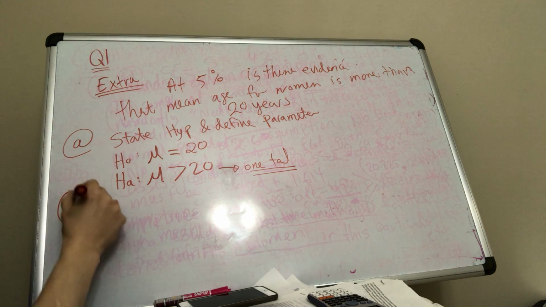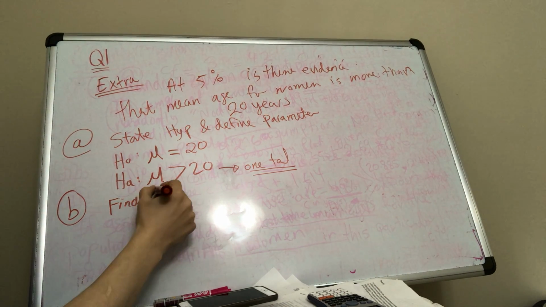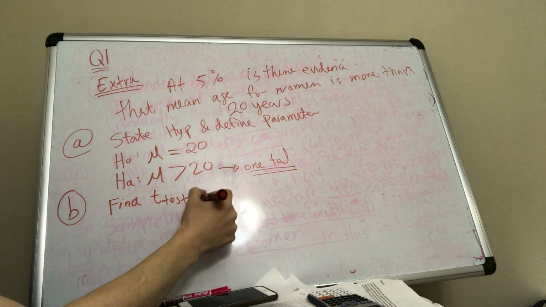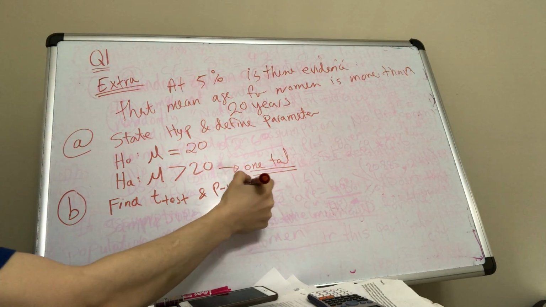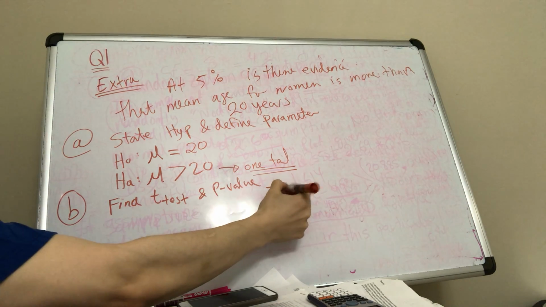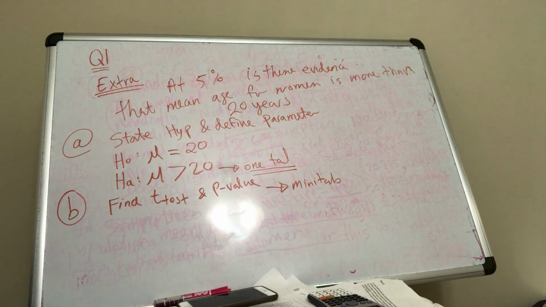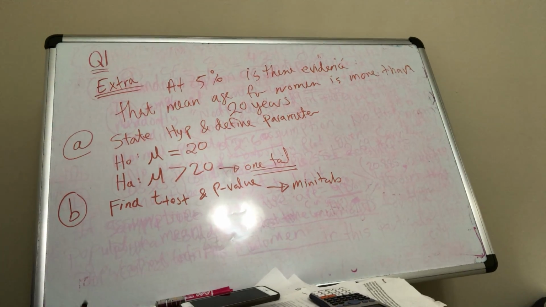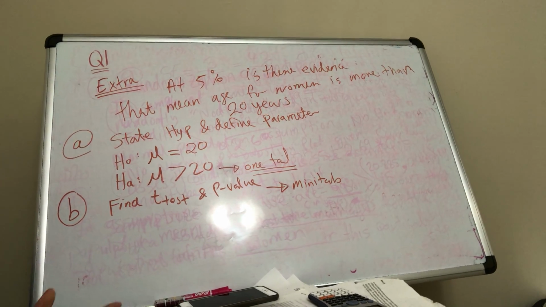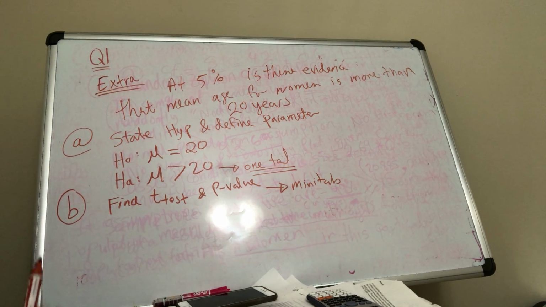Then they could ask you to find t-test and p-value. These would be provided most likely if they ask you this question in the midterm. These will be provided by Minitab. But I don't have the Minitab for this question, so we'll do it.